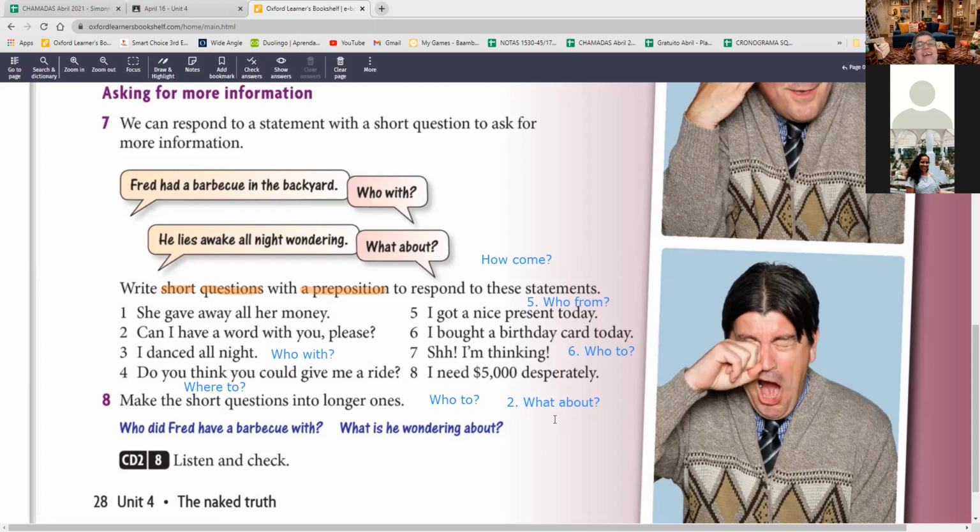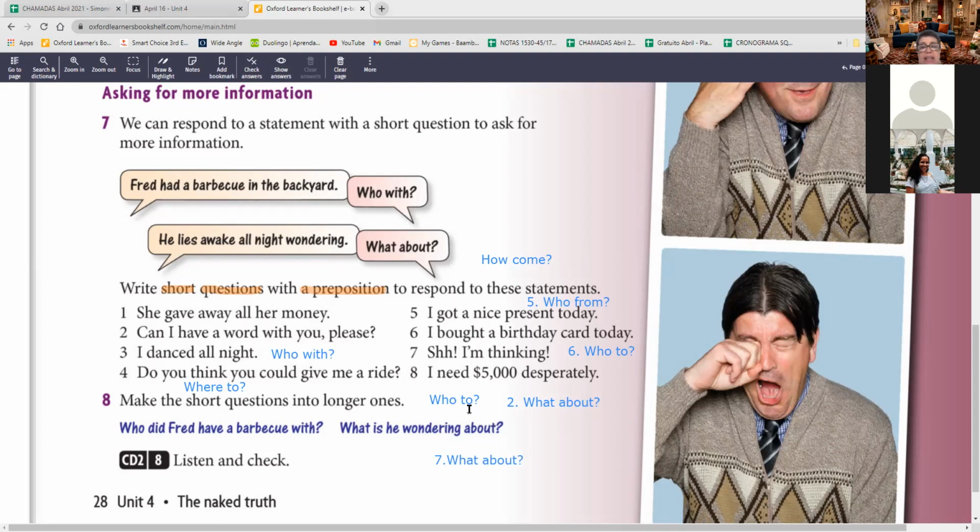It's like, is it something wrong that I'm thinking? No. So the best way here would be if I say, shh, I'm thinking, you could ask, what about? Again, that would be good for number 7.